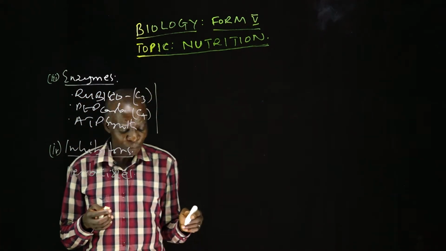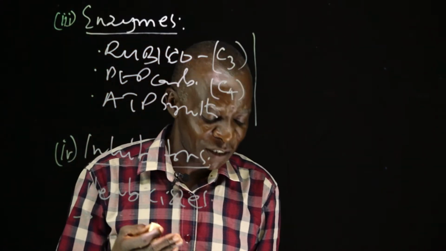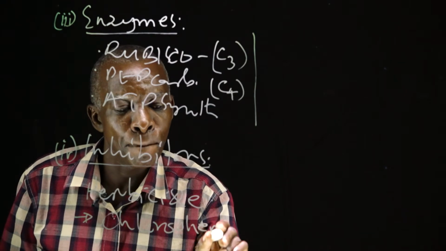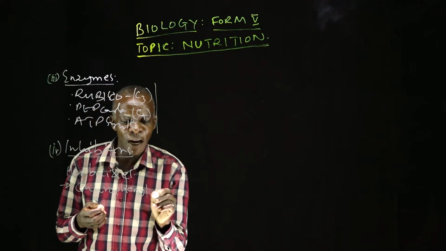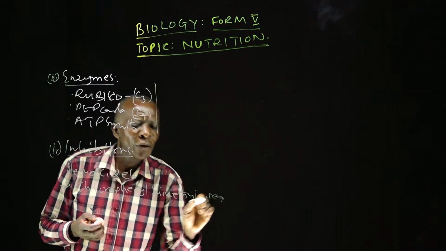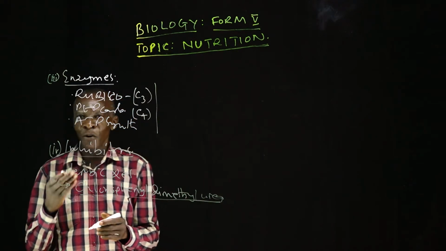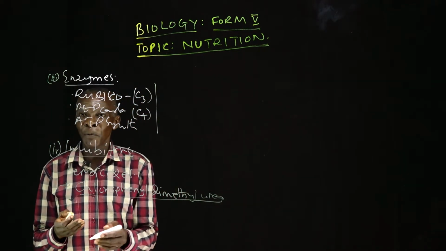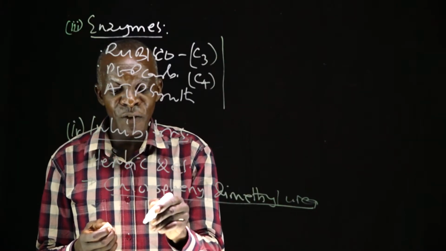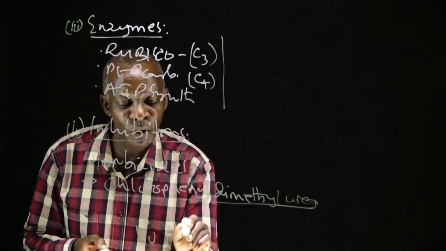We have the herbicides. Examples of the herbicides that hinder photosynthesis: we have chlorophenyl dimethylurea, which normally interferes with the electron transport process during the light-dependent phase of photosynthesis, and because of interference with the electron transport, there will be no photophosphorylation.